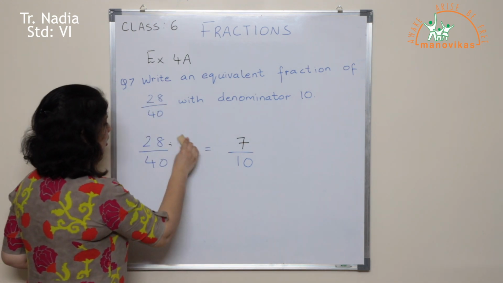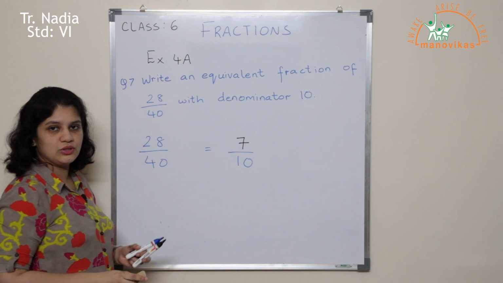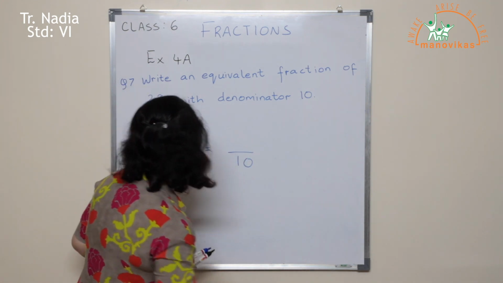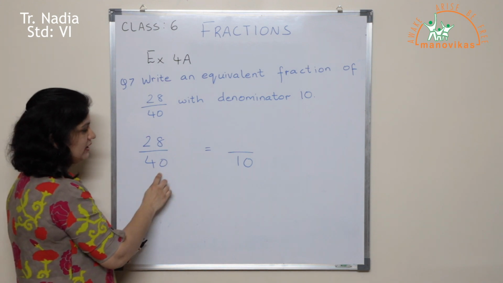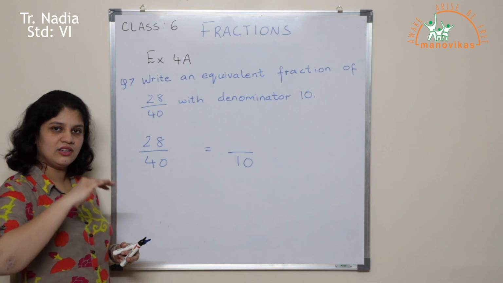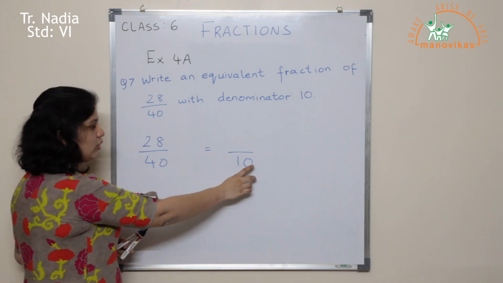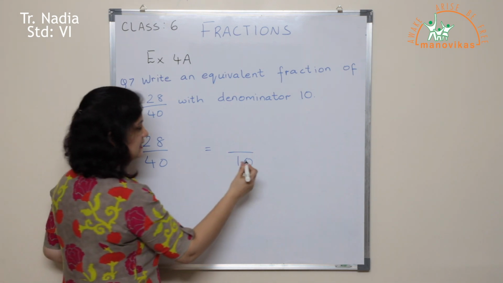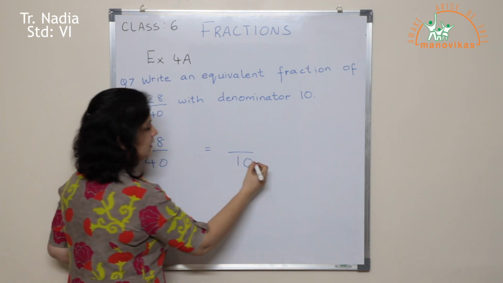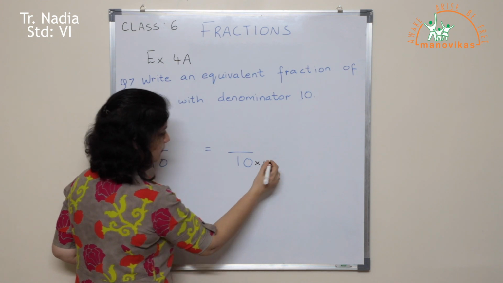Okay. Another way of solving this sum is, if you get confused with division and want to do multiplication, you can do that also. 28 upon 40. 40 has changed to 10. If you want to multiply, always do it on the lower side. 10 multiplied by what will give me 40? 10 multiplied by 4.